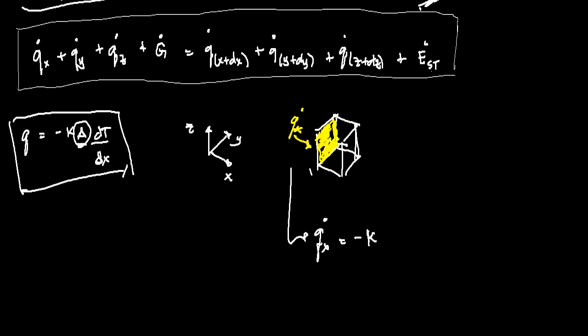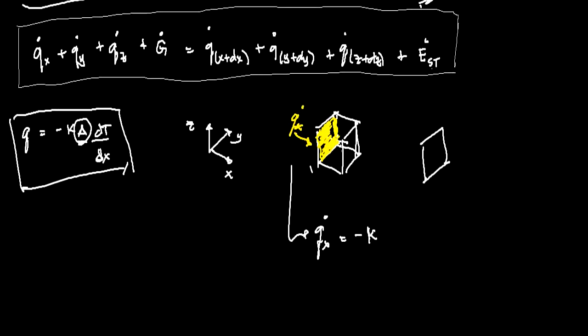And that part is our dy, and this part here is our dx. I mean dz, so this is our dz, right?